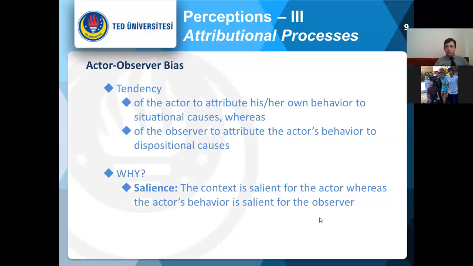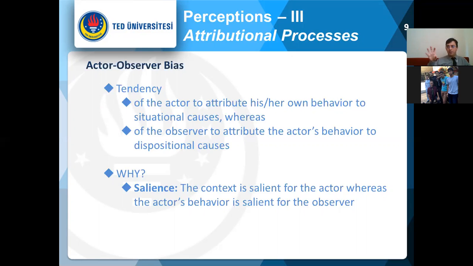So when I do something negative in a relationship context, I'm aware of the situational forces acting on me. I had a bad day at work today, which perhaps cannot be known by my partner, but my behavior is the only salient information which can be received by my partner. She observes my behavior. I'm shouting.